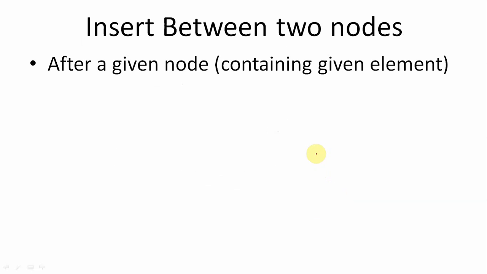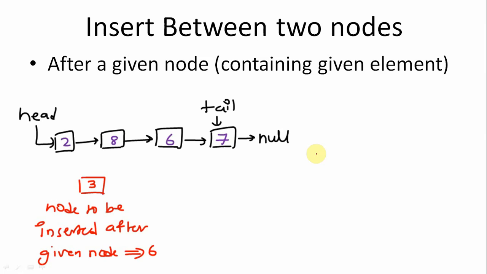Now if I want to add a node in between an existing list, by means of after a given node, we will identify the node by the element it contains. So in this particular case, we are considering that each element in the linked list is unique. In case of duplicacy in the element, this node is inserted after the first occurrence of a given element.